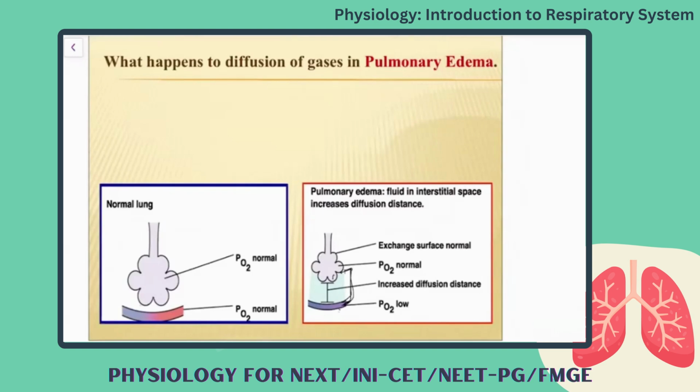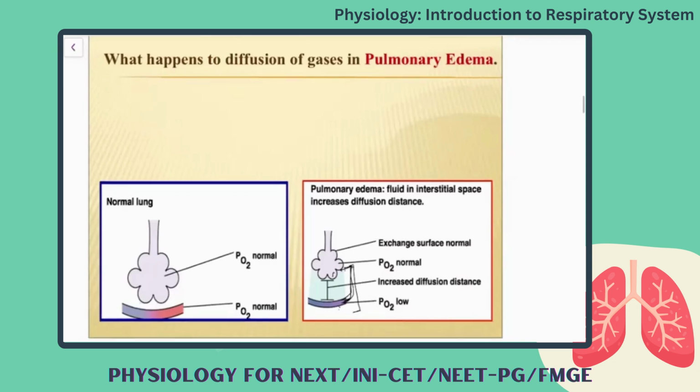So it increases the thickness of the respiratory membrane, which automatically delays the rate of diffusion. So this is the main thing happening in pulmonary edema. We are just seeing the outline of some clinical scenarios related to respiratory membrane deviations.